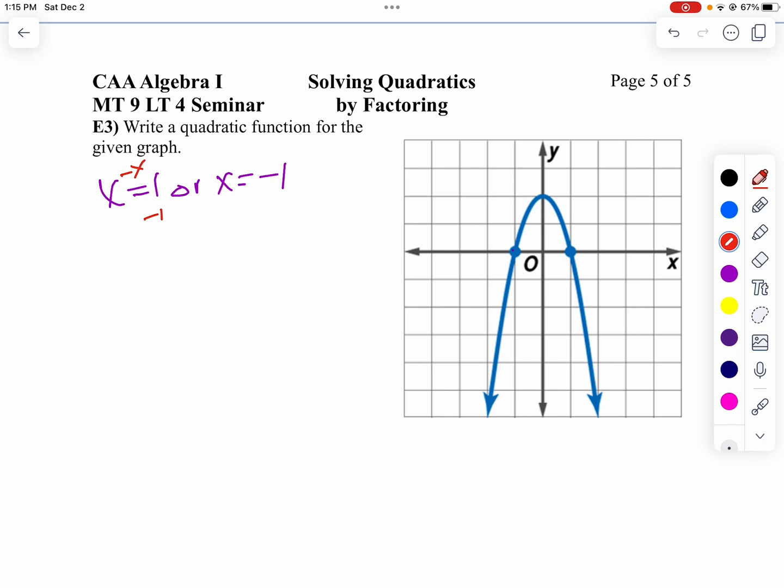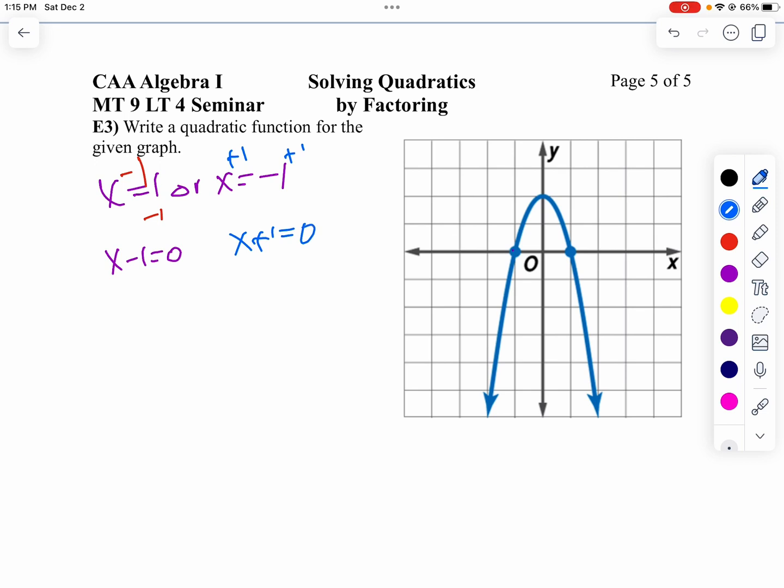So I put x, I meant 1. So then we get x minus 1 equals 0. On the other one, we're going to add 1 to both sides. So we're going to say x plus 1 equals 0.